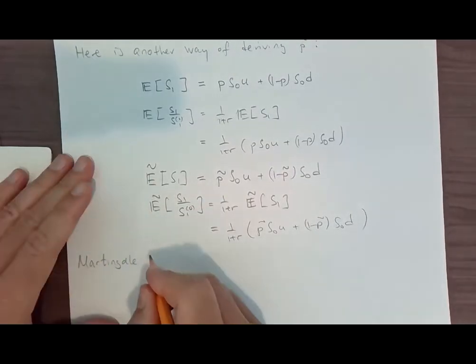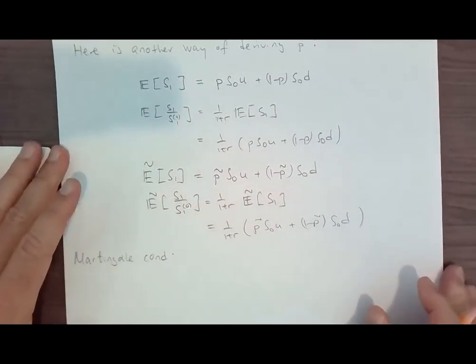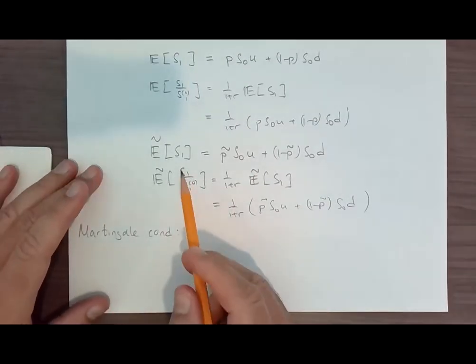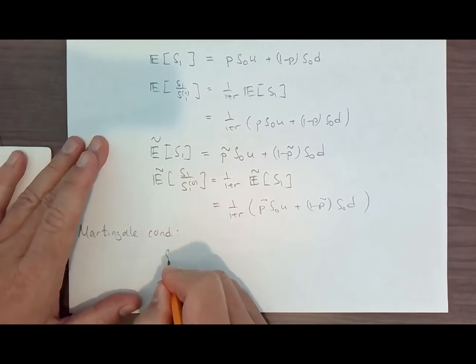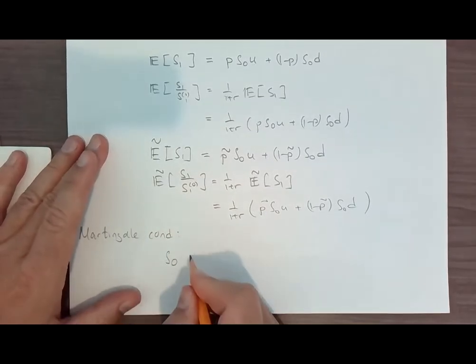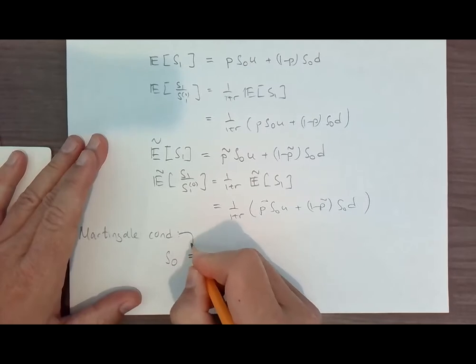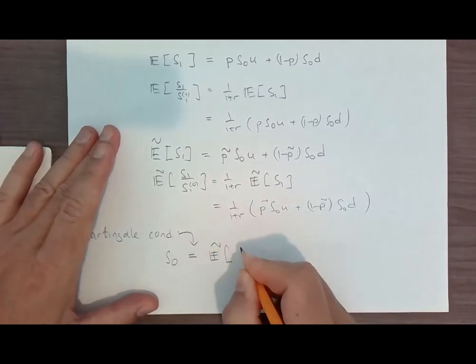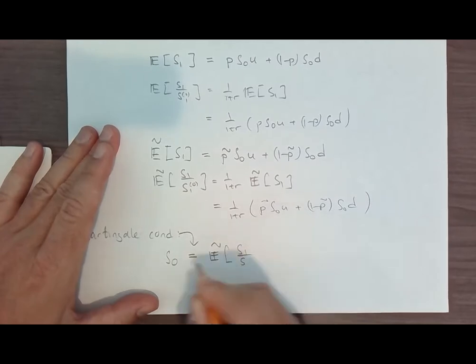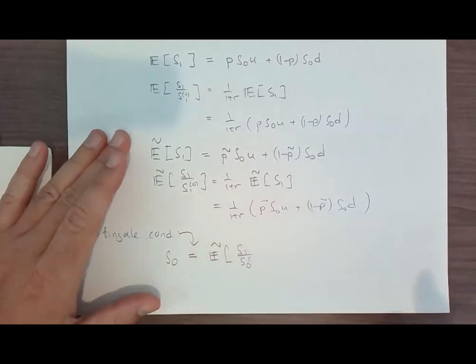So there's a martingale condition. And the martingale condition is that this last expectation we have here, we are requiring that S0 be equal to, so this here is the martingale condition, the expectation of S1 divided by the bank account.